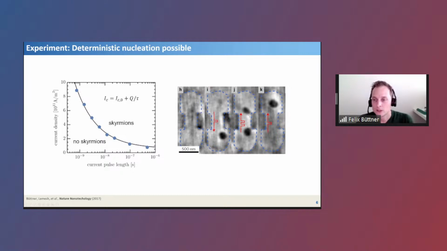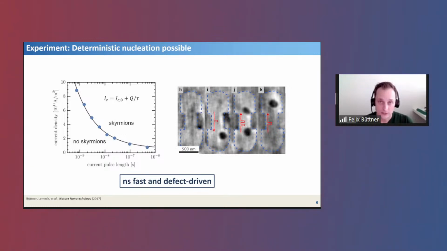We can also nucleate skyrmions on the opposite side of that constriction, and again move the skyrmion away from that point. So that's a viable way of nucleating skyrmions in a racetrack memory. It is fast, happening on a nanosecond or even sub-nanosecond timescale, and it is defect-driven. That's an important point here. So you need this lateral symmetry break to nucleate skyrmions.